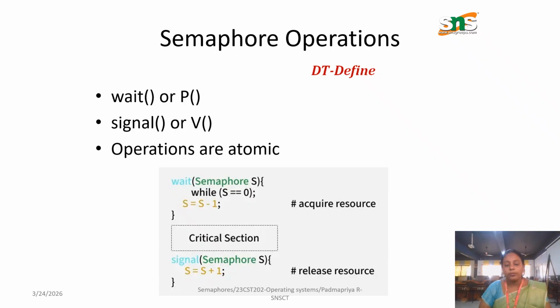There is a critical section problem. The critical section is code that coordinates the processes while we are using semaphore operations. Signal means the particular resource is released by the process, so the resource status should be positive.